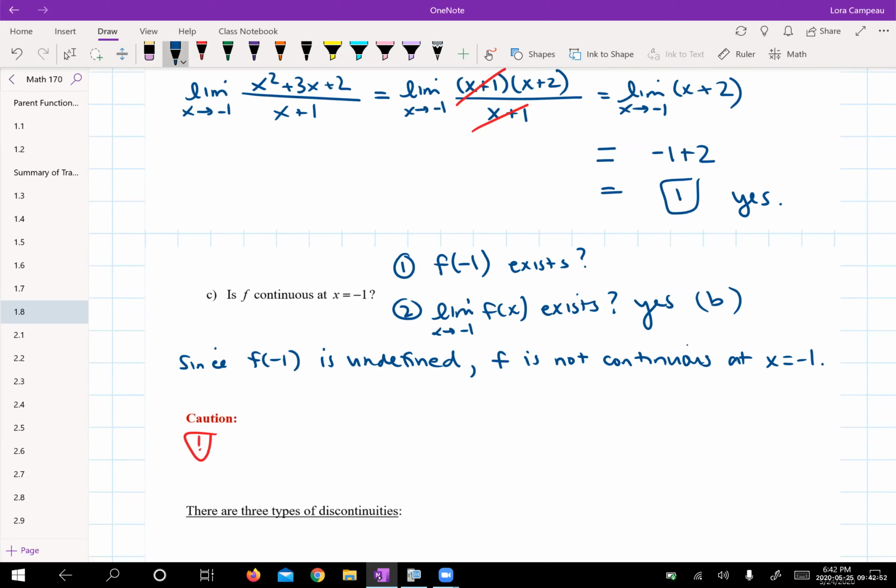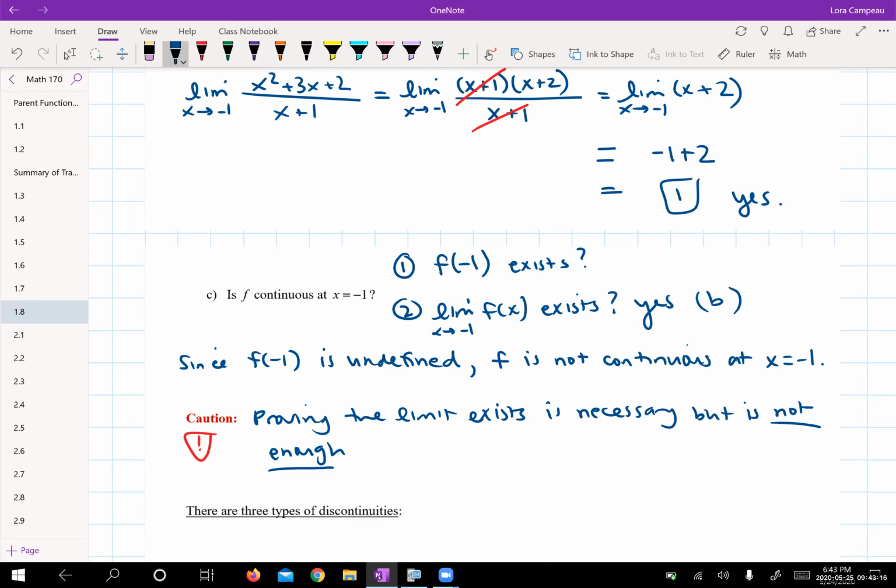Proving the limit exists is necessary, but it's not enough. Not enough to prove continuity.